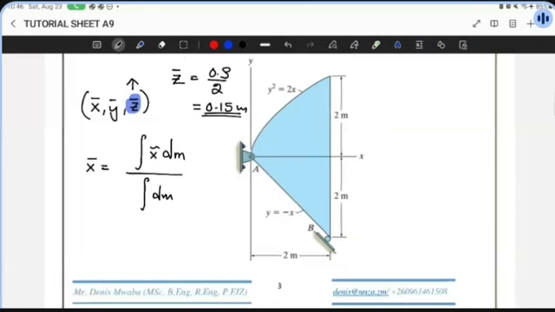You can go with these formulas and see how we can extend them to show how they will reduce, or you can use the formulas that you had in math. Do you remember the formulas you had for center of mass in math?